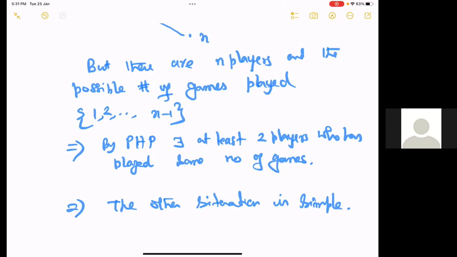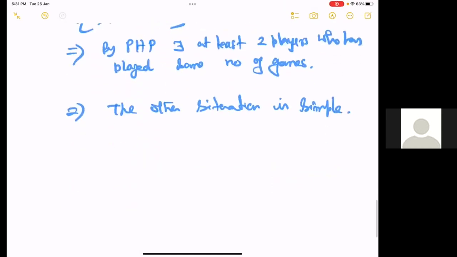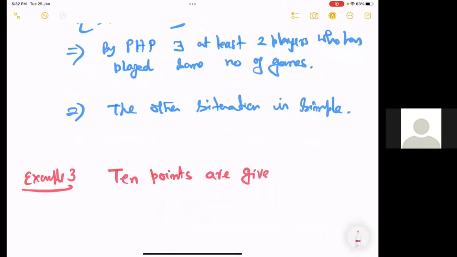And so let's take some more examples. 1, 2, 3. So there are 10 points. 10 points are given within a box.